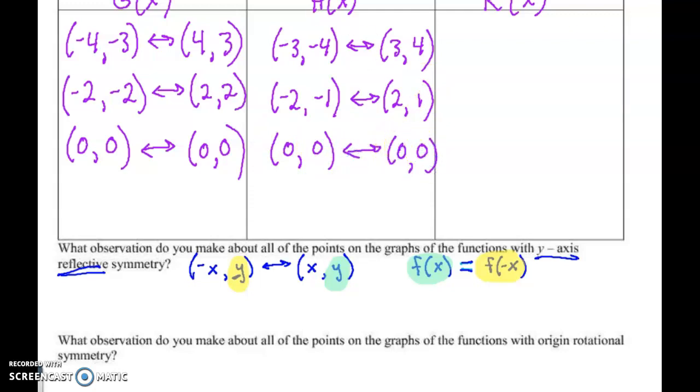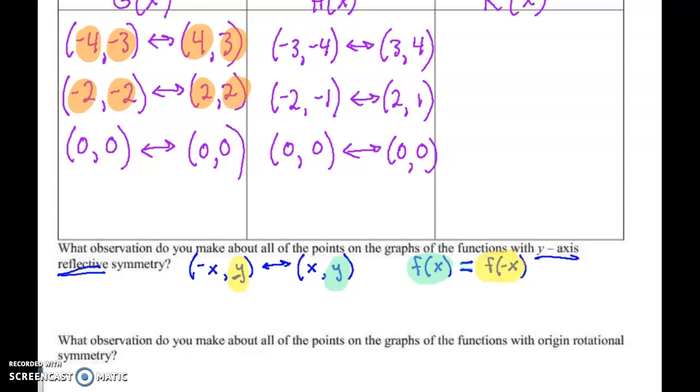So we can go back to a highlighter, maybe a different color. What do you notice about this x to this x, and this y to this y, this x to this x, and this y to this y? And I could go on, but hopefully you're noticing a pattern. And at any point you want to pause the video and soak it in, that's fine with me.